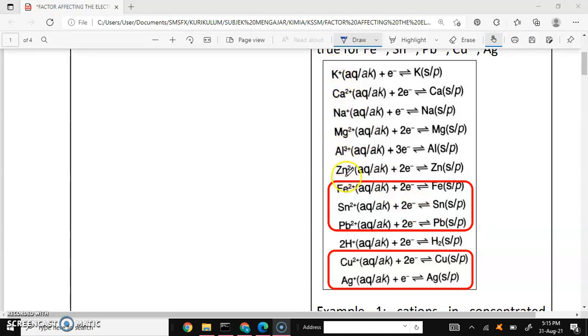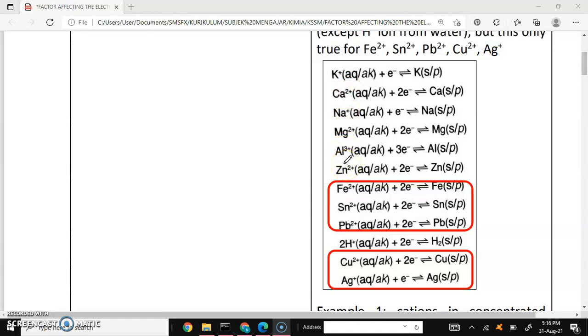Ion-ion yang berada di atas Fe2+ ini, walaupun it is concentrated, kita tidak boleh pilih because potassium ion, calcium ion, sodium ion, magnesium ion, aluminium ion and zinc ion are difficult to discharge.